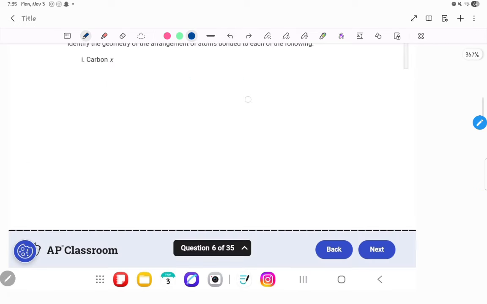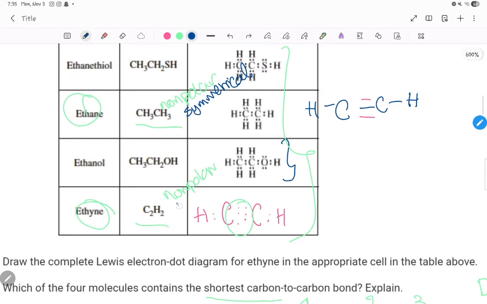So you either say that they're non-polar because they're symmetrical, or you say that they're non-polar because the bond dipoles cancel each other.